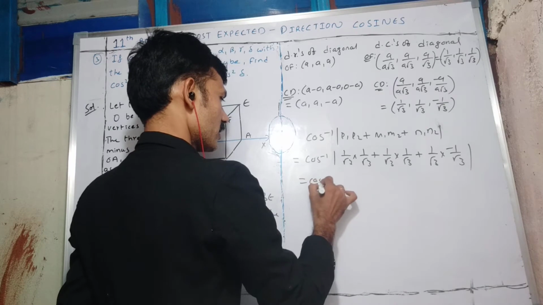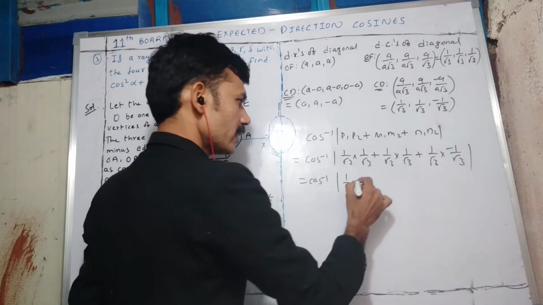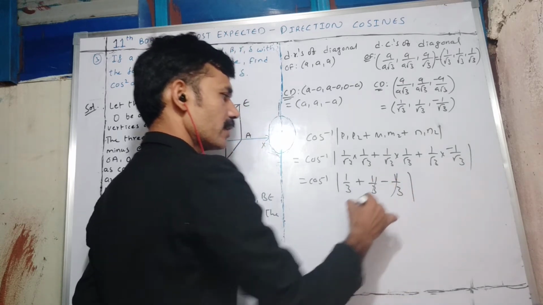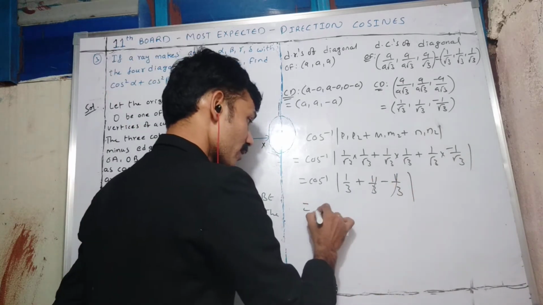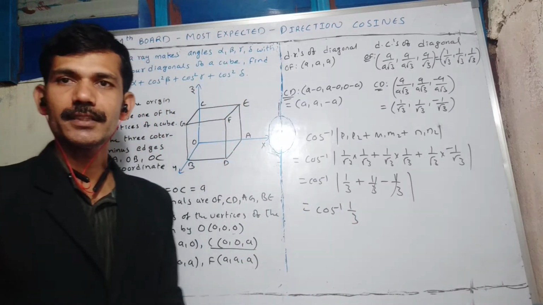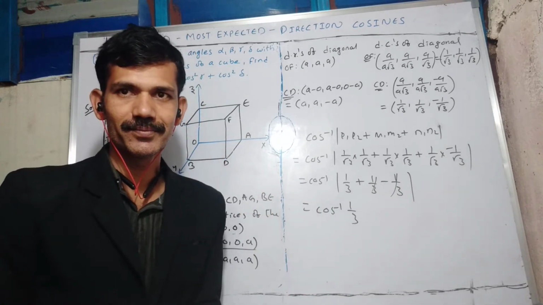So cos inverse of 1 by 3 plus 1 by 3 minus 1 by 3, which gives 1 by 3. This is the angle between two diagonals of a cube.